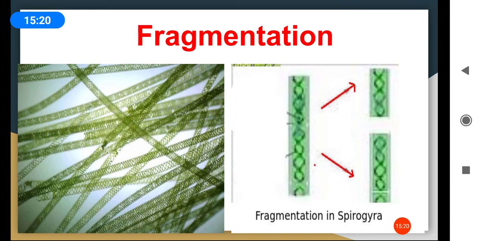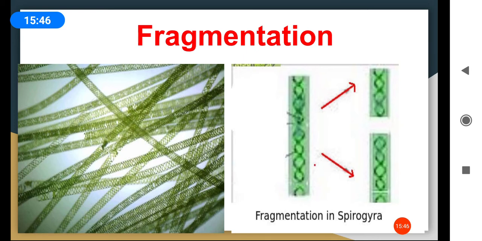The next asexual reproduction method is fragmentation. Have you seen in a pond the green colored algae floating on top of the water? They are algae. Spirogyra is one of the algae. When it matures, the filaments divide into pieces.